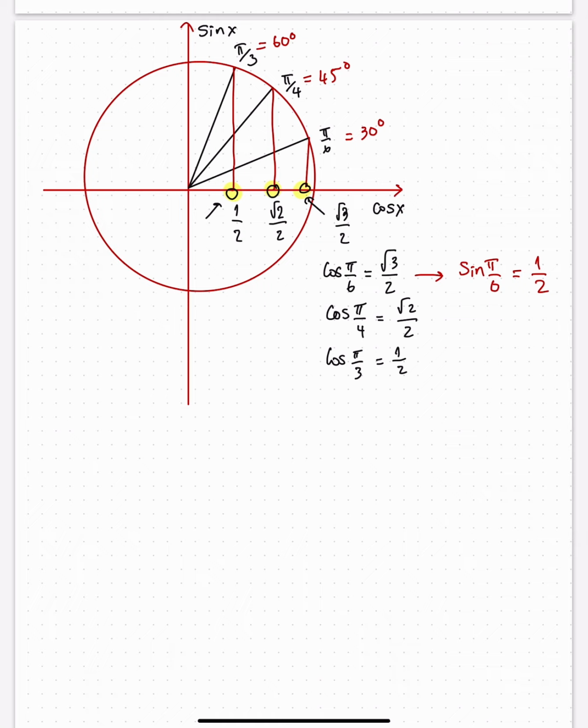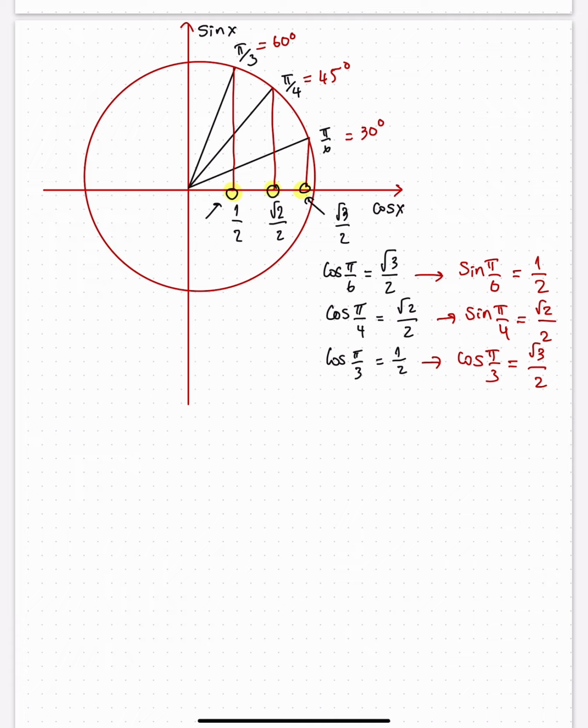But for pi over 4, both of them are square root 2 over 2. And for pi over 3, cosine pi over 3 is 1 over 2 and sine is square root 3 over 2. That's it. So the main thing is just to remember the 3 values of cosine for pi over 6, pi over 4, and pi over 3.